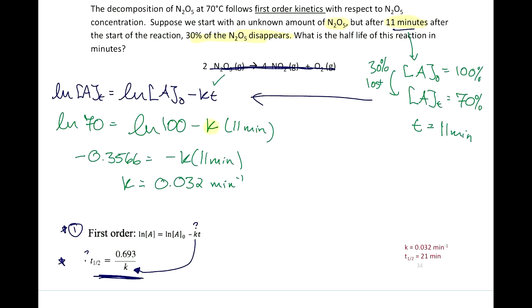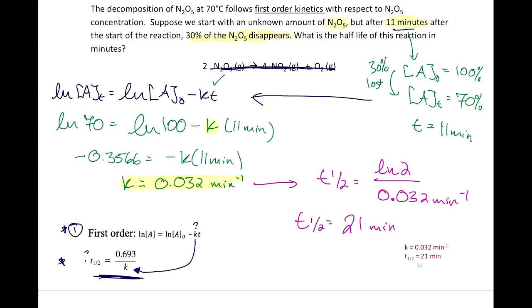Now that we have our rate constant, we can just plug it into the half-life equation, where it is natural log of 2 over the rate constant we just got, 0.032 minute inverse. And we get that the half-life for this reaction is 21 minutes.